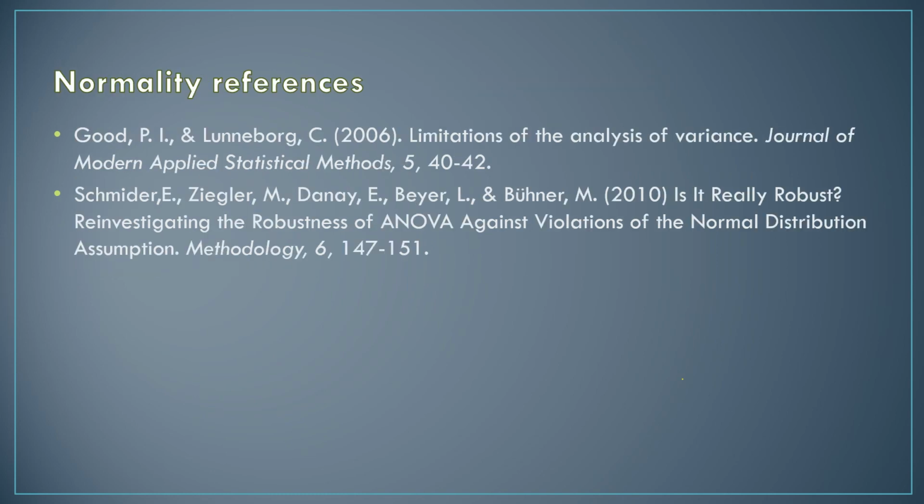Here are the two listed normality references for being able to say that your ANOVA is robust. These will also give you what appropriate sample size would be to be able to say that your analysis of variance is robust in violation of normality.